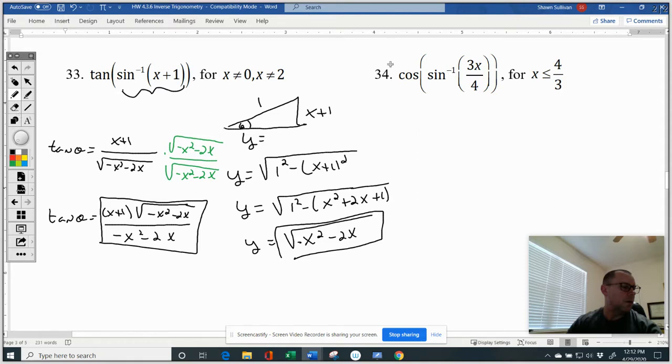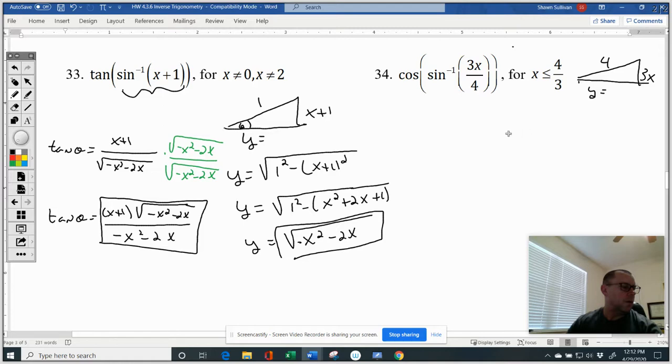Okay, so 34. Again, we're going to have to build our triangle. Let's build my triangle right here. We know that sine, so we're finding the inverse sine, would be opposite over hypotenuse. So this is 3x, and the hypotenuse is 4. We need to figure out this y value, or the adjacent value, however you want to think about it.